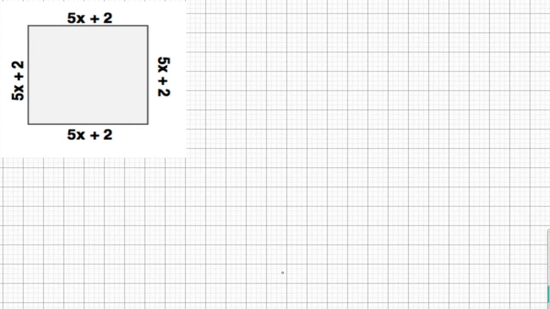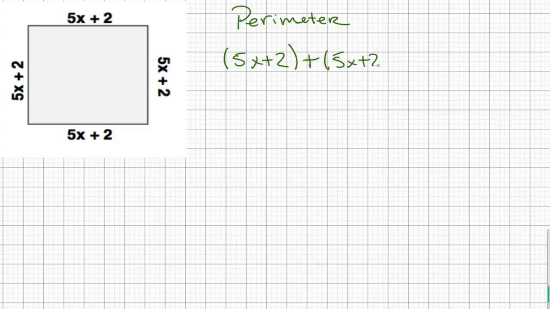All right, so here's an example of something where you're asked to write an expression multiple ways. So I think that they're going to ask us to write the perimeter, right? So let's write the perimeter. And one way to write this is we could say 5x plus 2, that's one side, plus another side, 5x plus 2, plus another side, 5x plus 2, plus the fourth side, 5x plus 2.